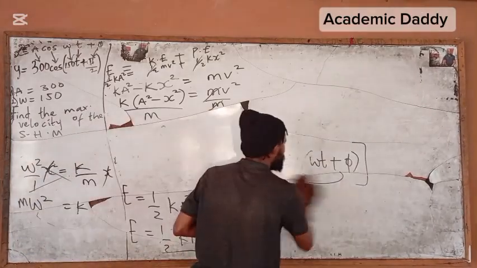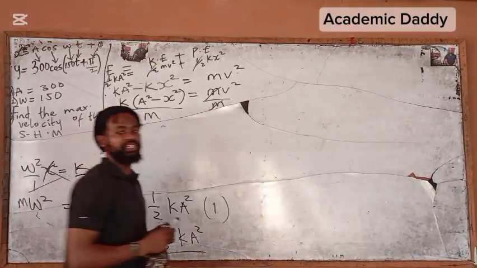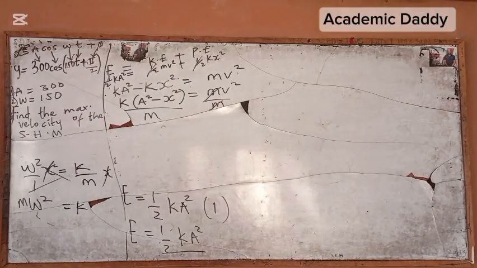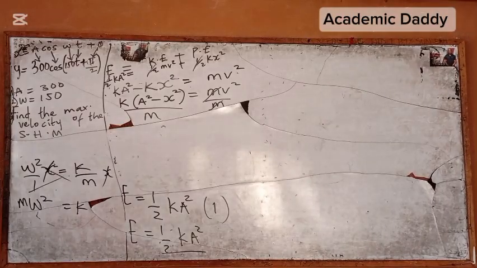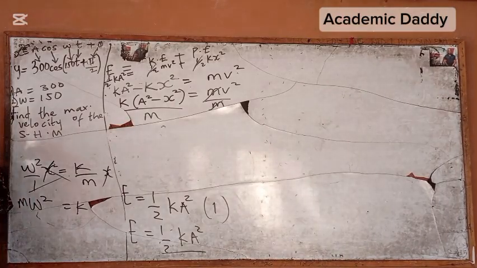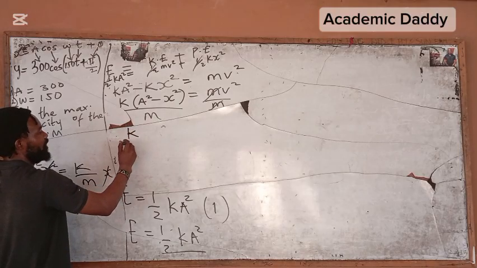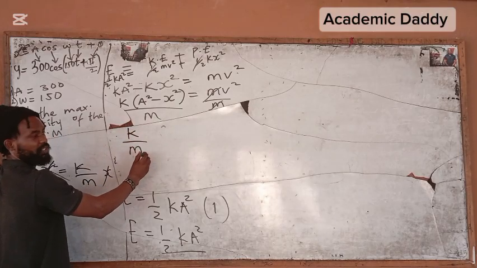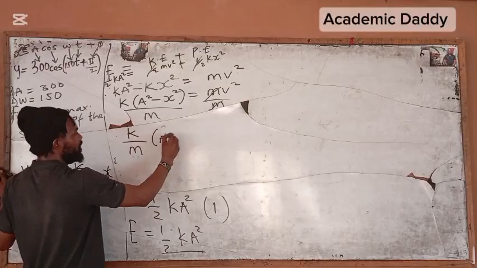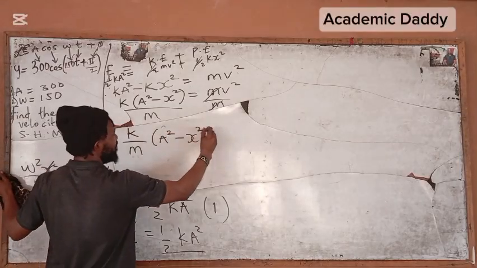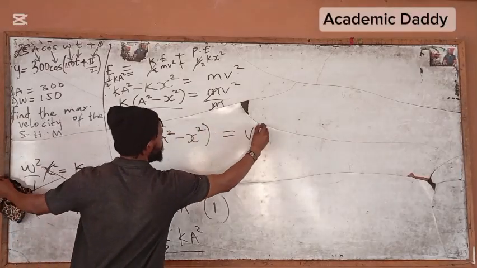You know that what each topic is teaching you is a way to think. Once I know this energy, anytime I want to find velocity, what and what do I put together? It will even help you when we start treating work, energy, and power. So this becomes K over M times A squared minus X squared is equal to V squared.